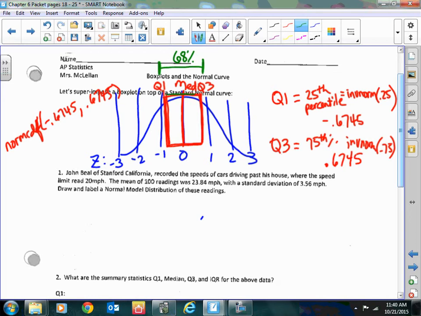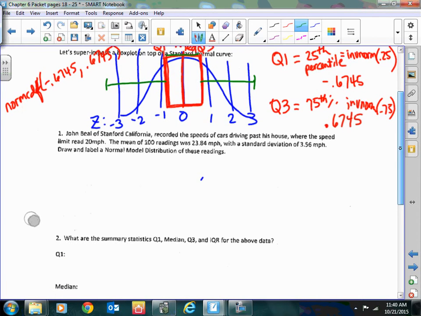But a box plot only has 50% in it. So that's another reason why this Q1 and Q3 is not all the way out to 1 standard deviation up and 1 standard deviation down. Okay, so then I don't know exactly where the whiskers would go to. They would go to whatever your data is, and depending on if you had outliers and such. So we won't go to that detail.